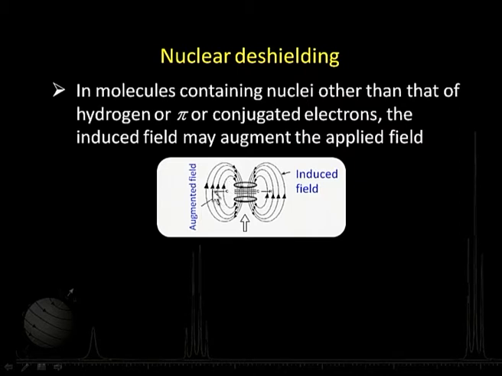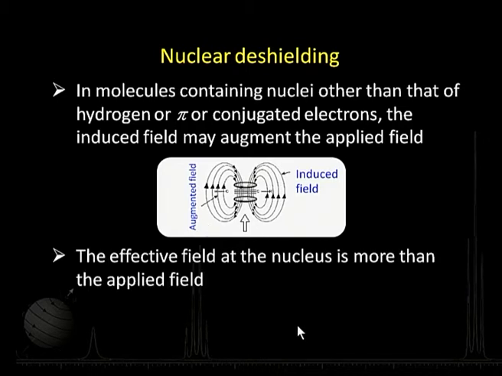At this proton, this field is augmenting the applied field, that means adding on to it. So, this is a kind of de-shielding, because earlier the electrons were trying to shield the nucleus from the applied field. Now the field at the nucleus is getting augmented.